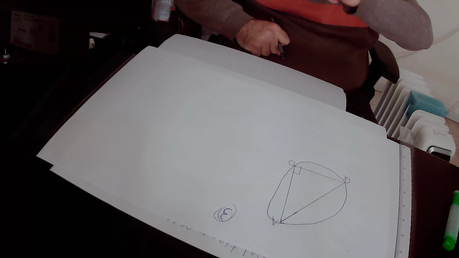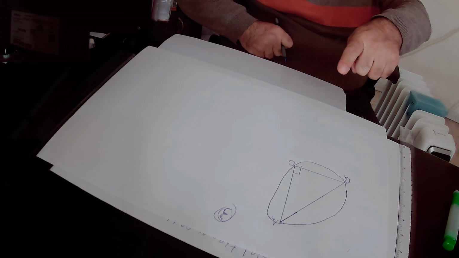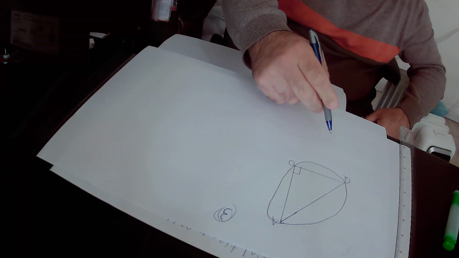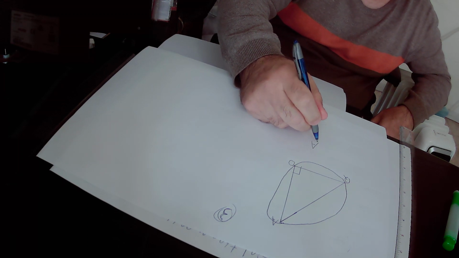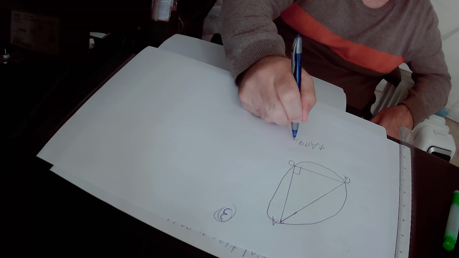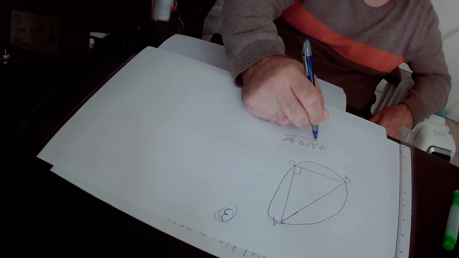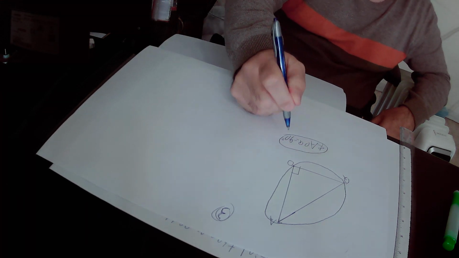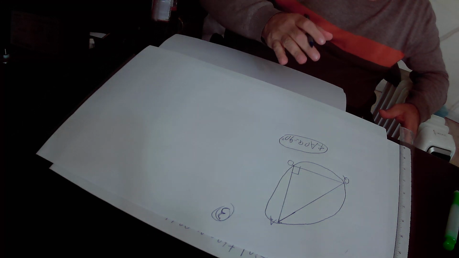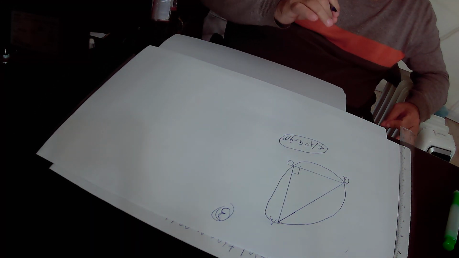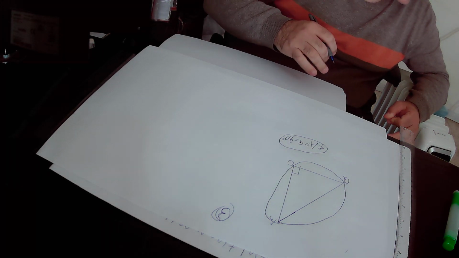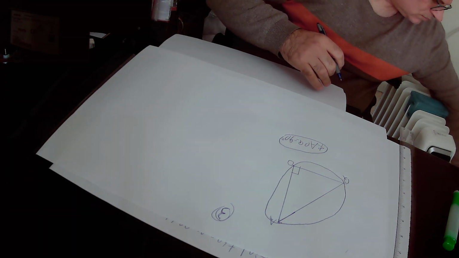So in this circle, we have peripheral angle AOQ that is equal to 90 degrees. And we have rule number 5, that any peripheral angle that is equal to 90 degrees must rest on the diameter of the circle.